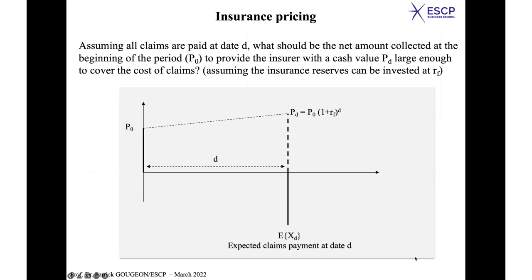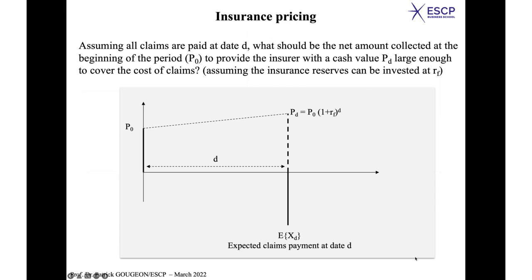So just a graph to summarize this problem. You have the time axis, okay? The period D is a time lag between the moment when the premium is received and when the claims are expected to be paid, okay?